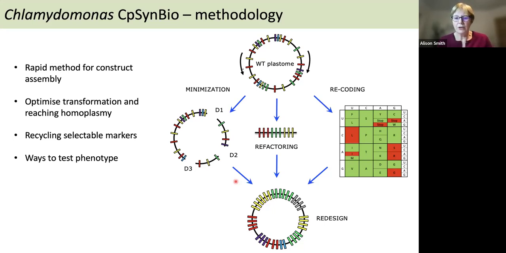Because we wanted to do iterative processes, we wanted to knock out one gene, then another, and so on, we needed to be able to recycle the selectable markers. And we needed to have ways to test the phenotype of our engineered chromosomes to assess whether it had any effect on the function of the cell.